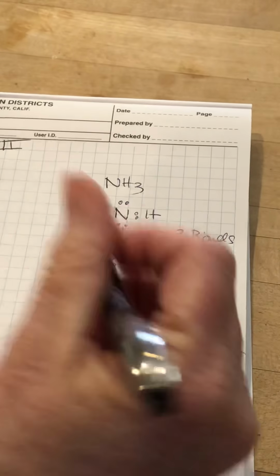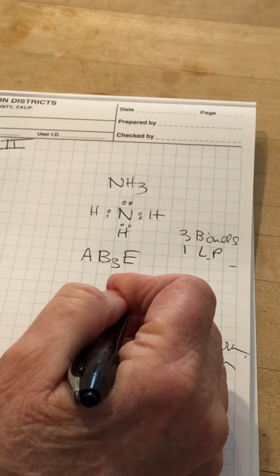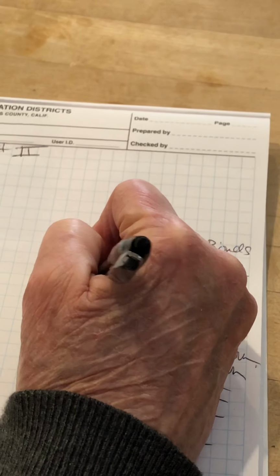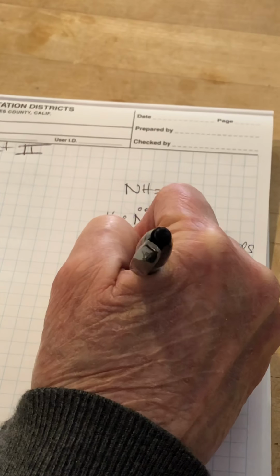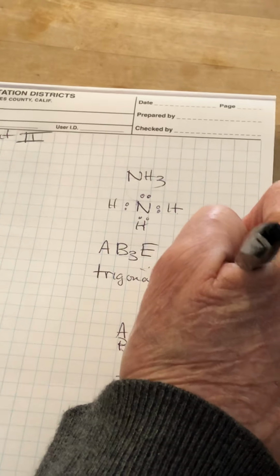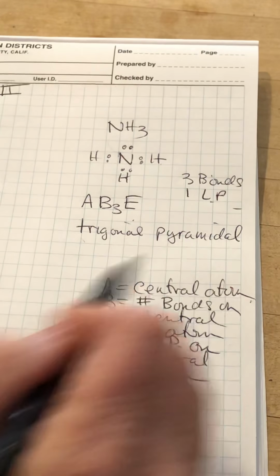When you look up that shape in the chart I gave you, you look to the left and see that this is called trigonal pyramidal.